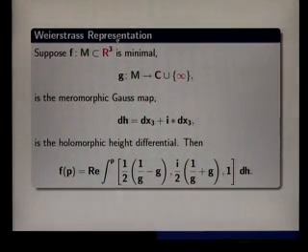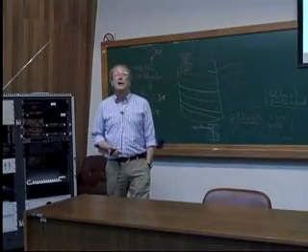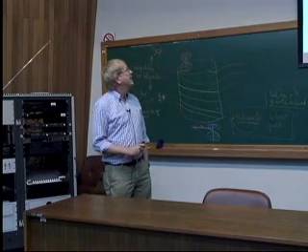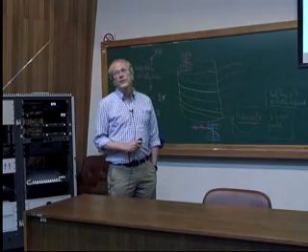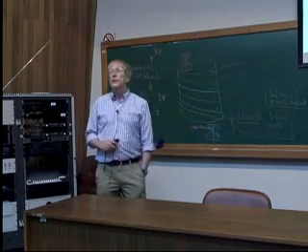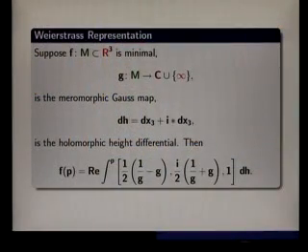One of the things you get out of these meromorphic properties, the coordinate functions being harmonic and the Gauss map being meromorphic, is that we can represent all minimal surfaces in R3 by analytic formulas. We have the Gauss map, which is a meromorphic function, and what's called the height differential. It's written as if it's closed, but it's not really the differential of any function. It's the complexification of the differential of the third coordinate function.